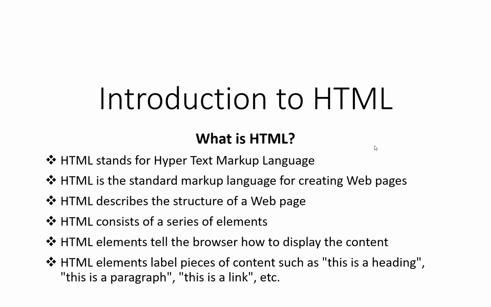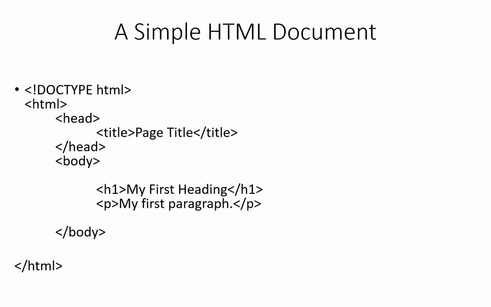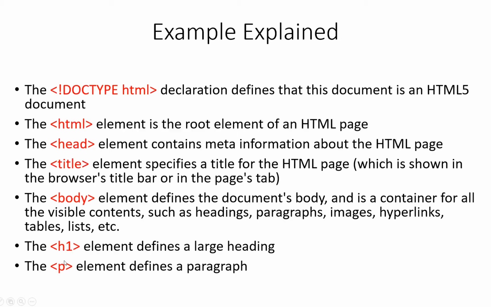HTML consists of a series of elements. These elements tell the browser how to display the contents. So this is a simple HTML document, just a rundown of an HTML document.